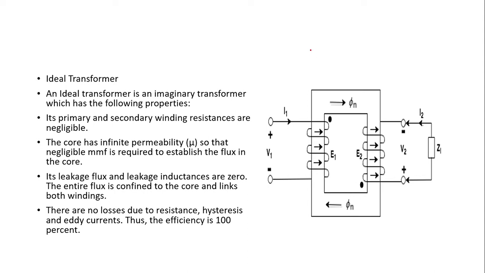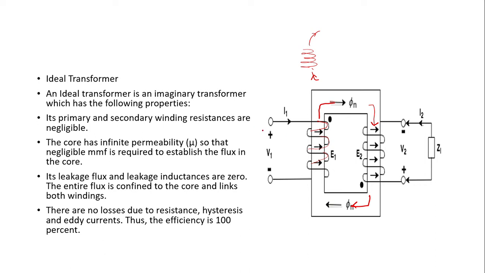We have seen that earlier: if this is the coil which I am representing, there is a certain direction of flow of magnetic field, right? If we give this a pathway, this is the pathway by which the flux phi m will flow, right?